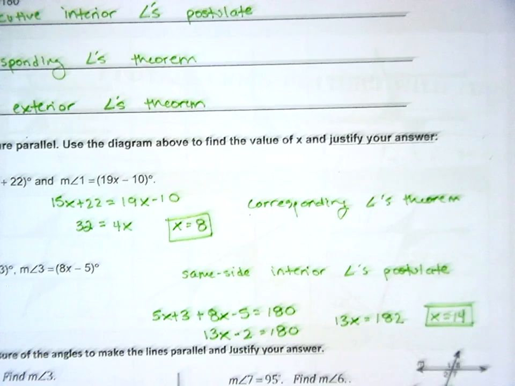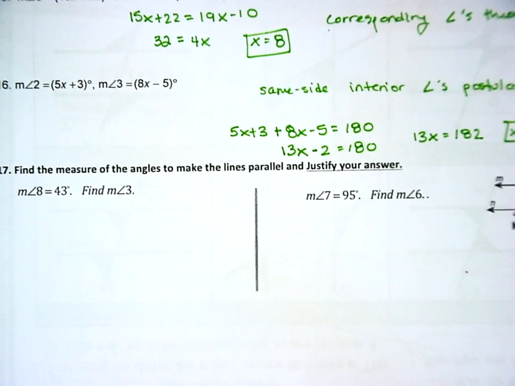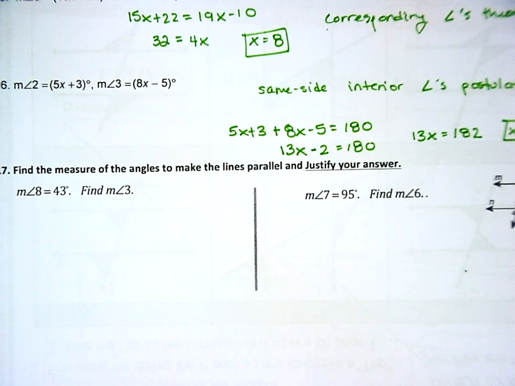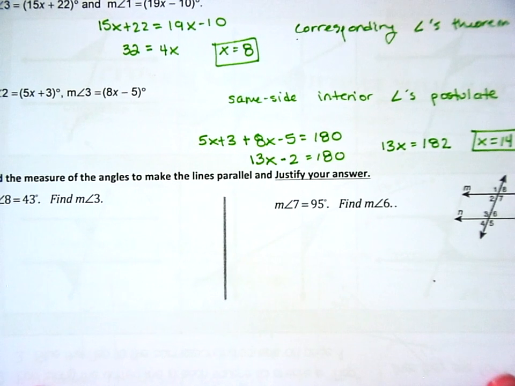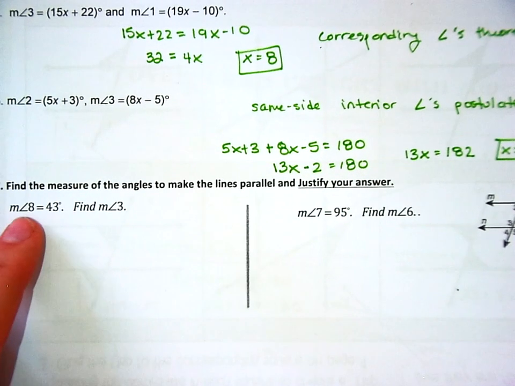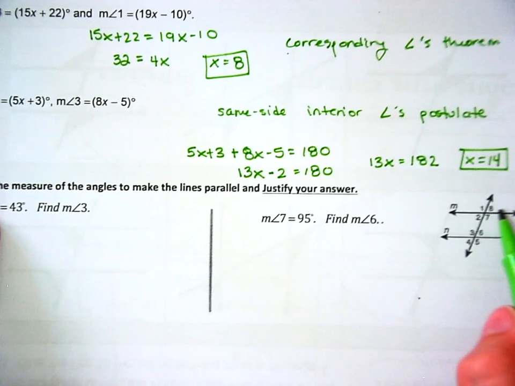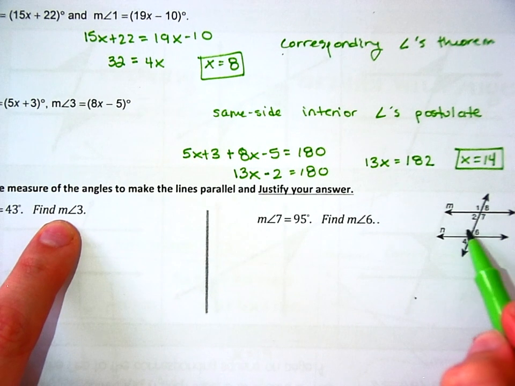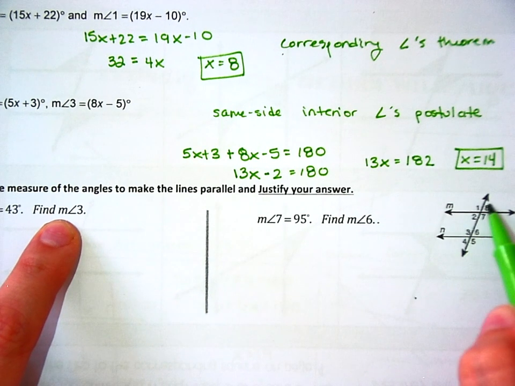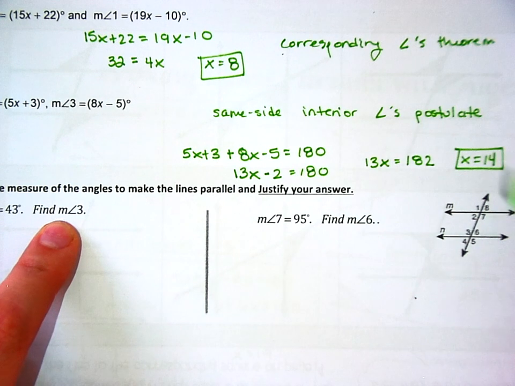All right, last two, we are going to find the measure of the angles to make the lines parallel. So again, we don't know these lines are parallel, we're going to make them parallel. So first one, if 8 is 43 degrees, that's this angle right here, and 3 is the one we don't know, well, 8 and 3, okay, so they're not going to be the same angle. 8 and 6 would be the same. That means that 3 would be the angle supplementary to that.